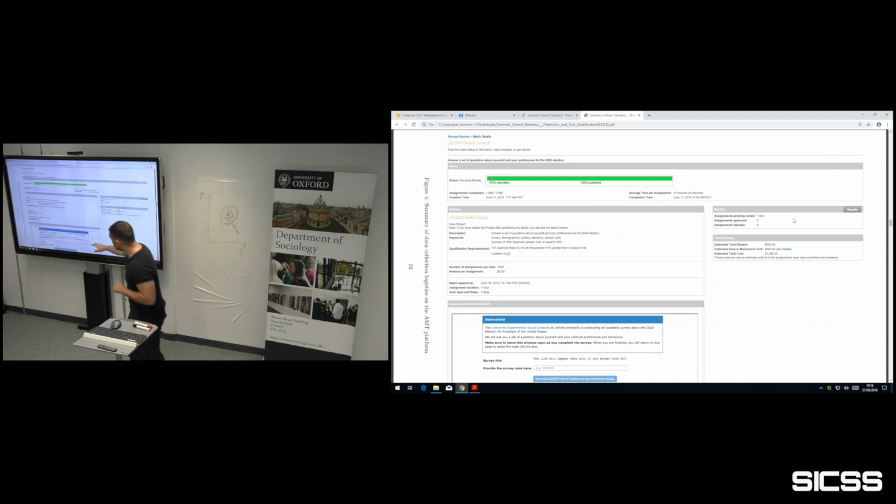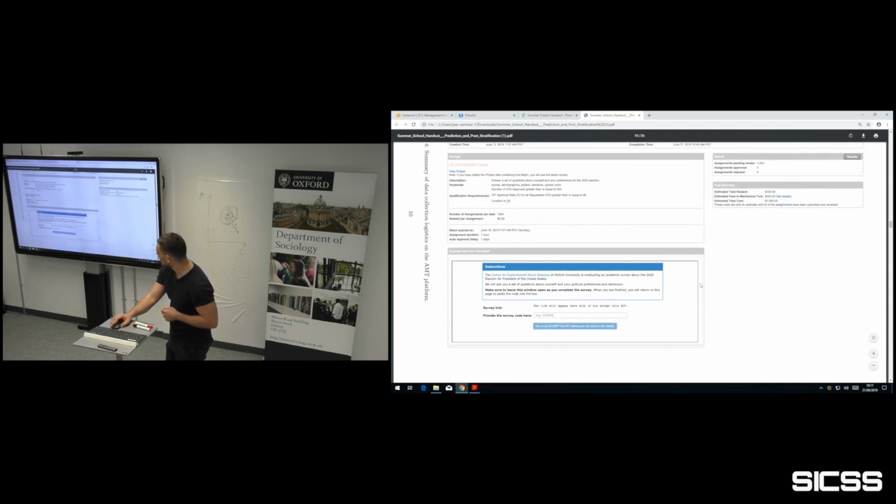And this was the description of the task. These are the qualifications that we asked for. So hit approval rate greater or equal to 95%, location in the United States, and 500. We asked that they had been approved for at least 500 intelligence tasks. And this was an example of what any given Mechanical Turk saw.